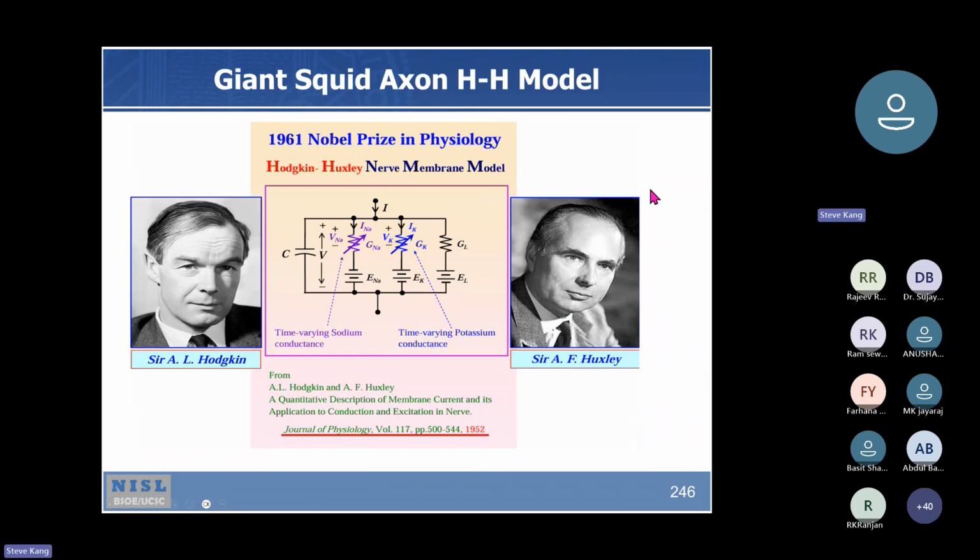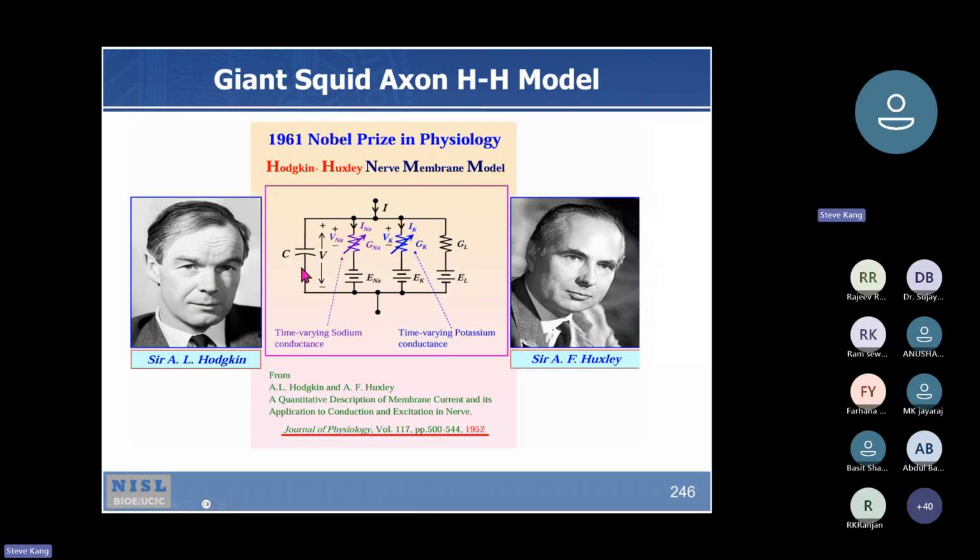Now, we revisit the Hodgkin-Huxley model, for which they got the Nobel Prize in 1961, A.L. Hodgkin and A.F. Huxley. As we discussed earlier in the beginning, you have the inside of a membrane and the outside of a membrane.